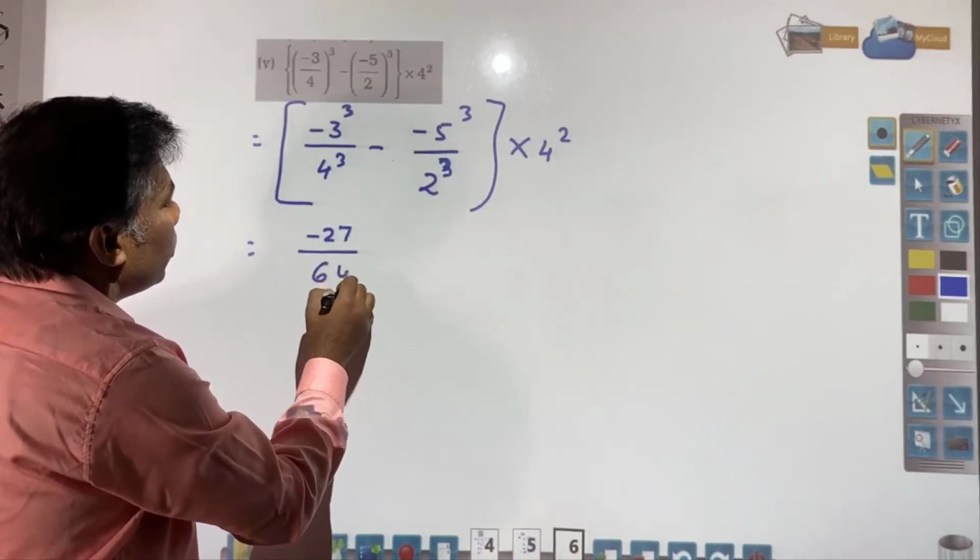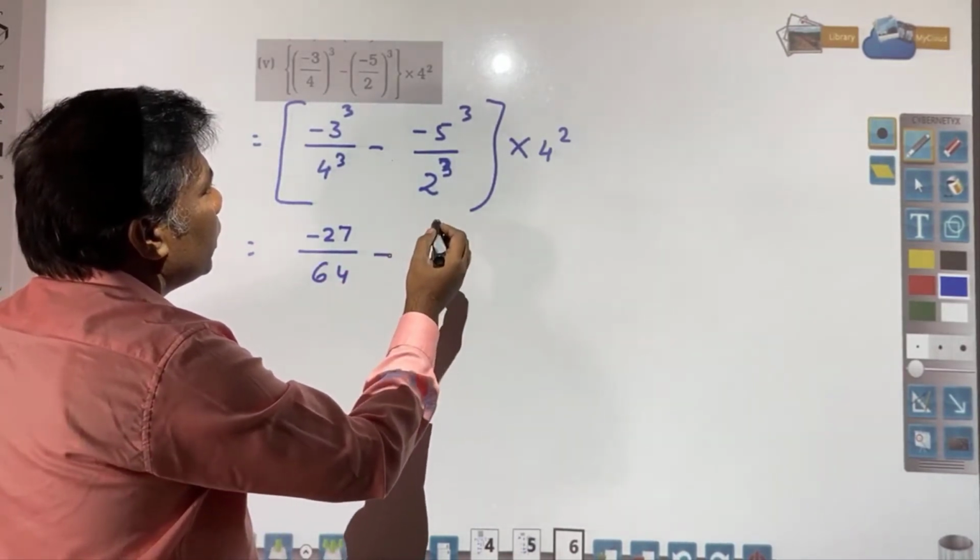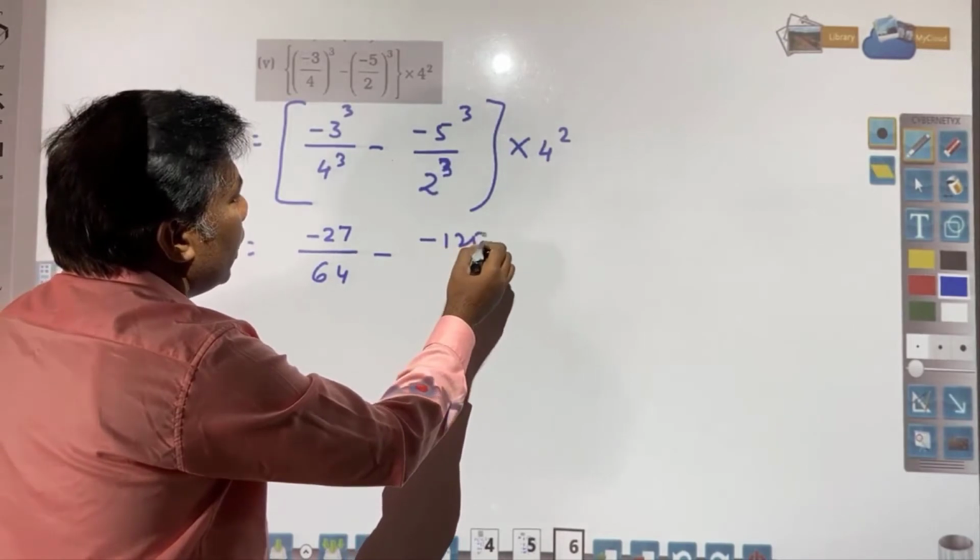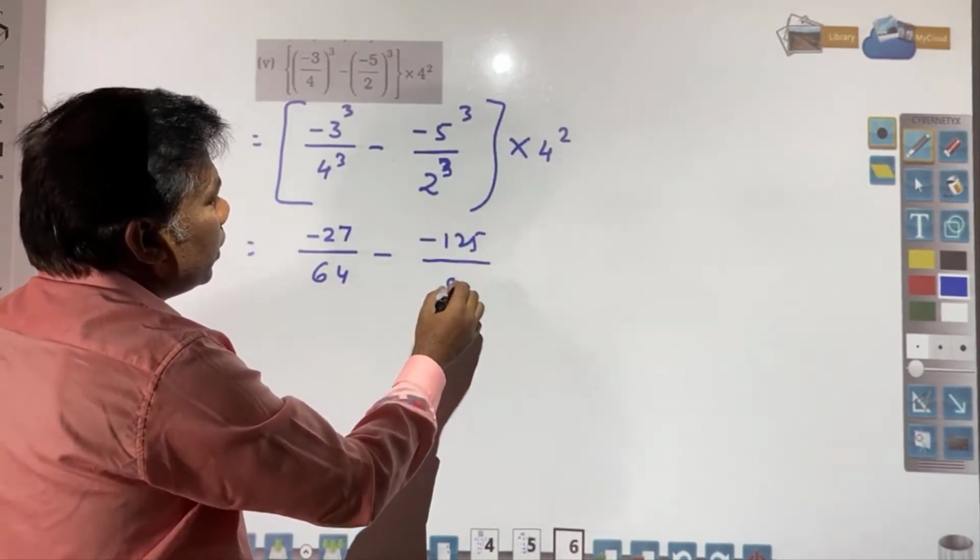This will be 64, minus this will be 125, and this will be 8.